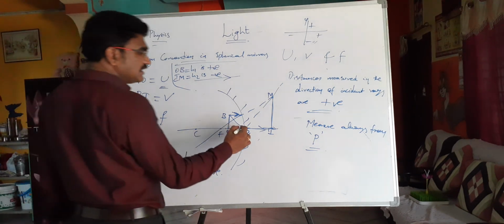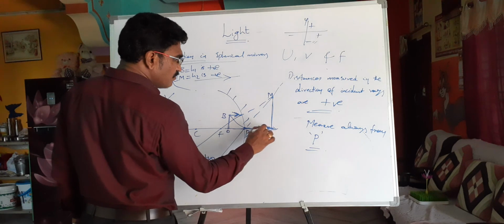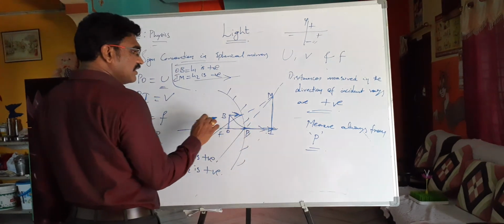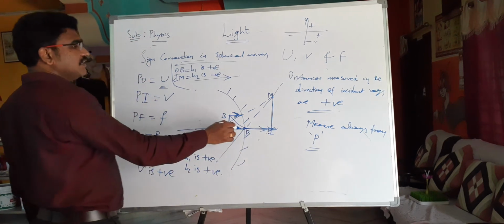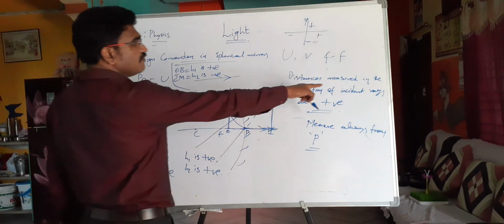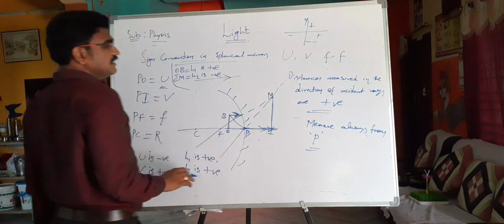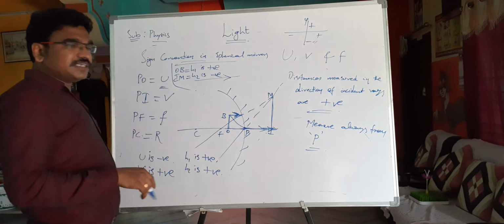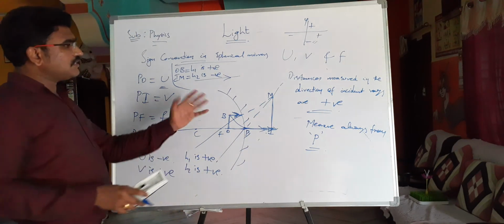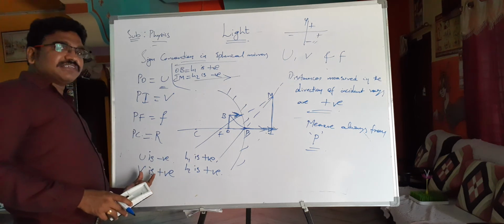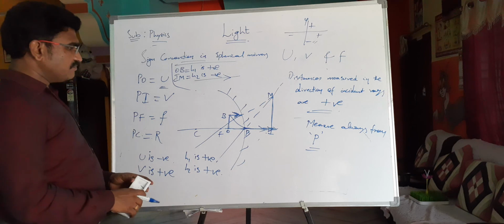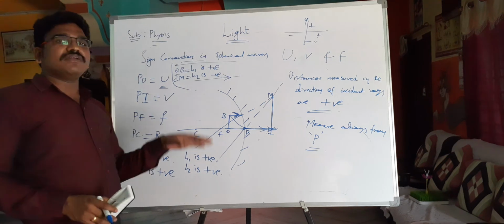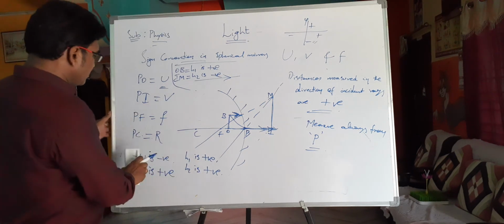So when you are measuring in the direction of incident rays, it is positive. But in the previous case you got it negative. This is how the image sign will vary. Sometimes it may become positive and sometimes negative, so it depends upon the condition. That you have to understand.